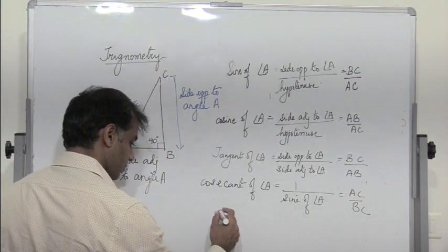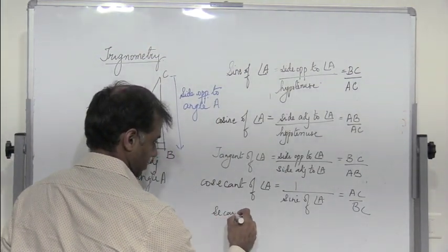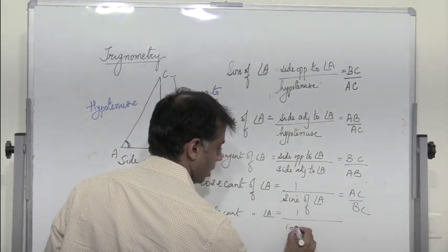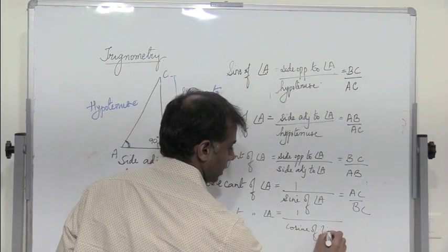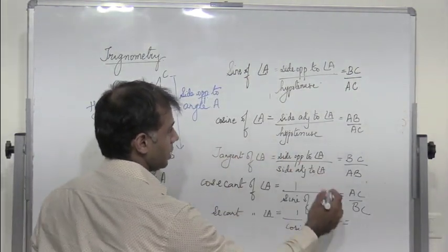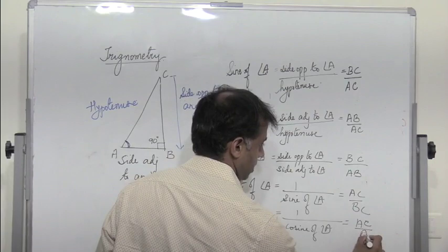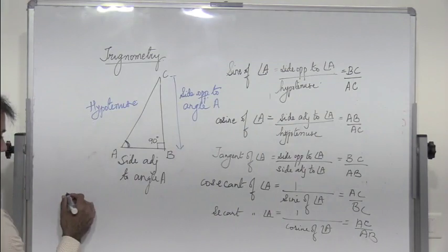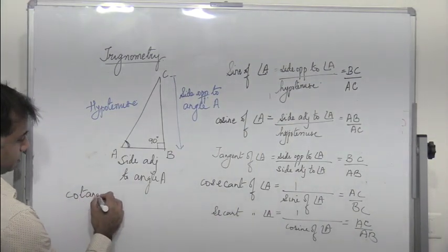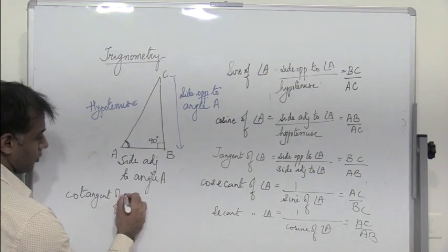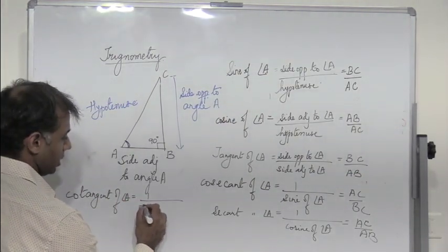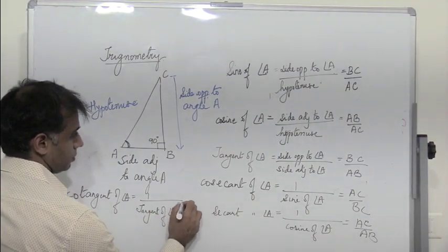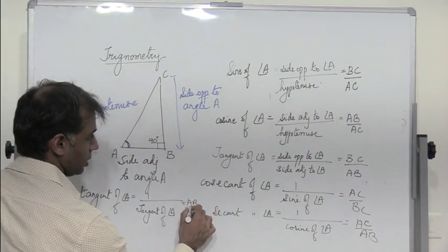Next I have secant of angle A, which is 1 by cosine of angle A, which is AC by AB. Similarly we have the inverse of tangent A, which is cotangent. Cotangent of angle A is 1 by tangent of angle A, which is AB by BC.